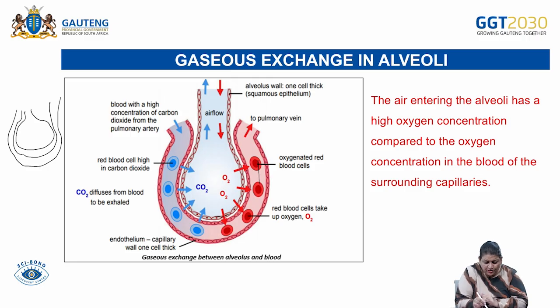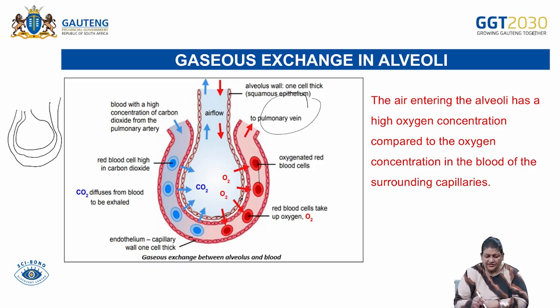So the blue arrows are showing you the pathway of CO2, and the red arrows are showing you the pathway of oxygen. Here oxygen is entering the alveolus of the lung and then diffusing through the thin squamous epithelium of the alveolus, through the thin wall of the blood capillary into your red blood cells to be carried away to the heart. You see?